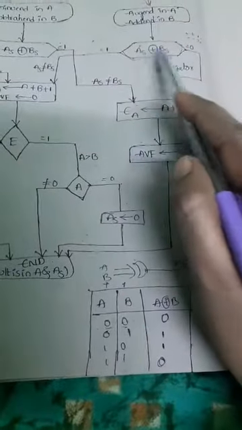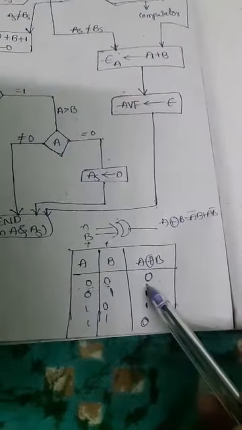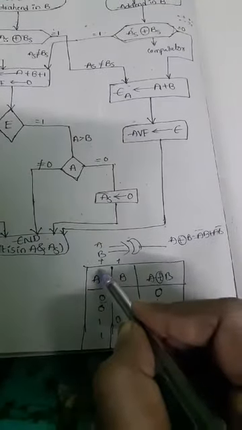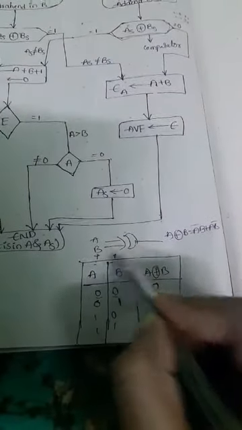While doing 0 XOR 0, what result do we get? 0. In the same way, if A and B both have negative signs, negative is shown by 1, so 1 1, and we again get the result 0.